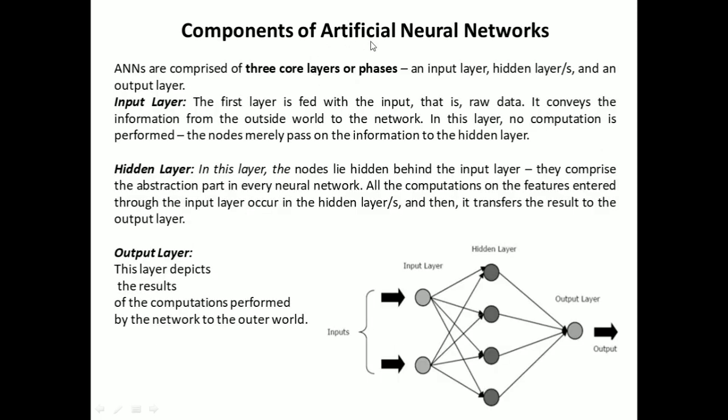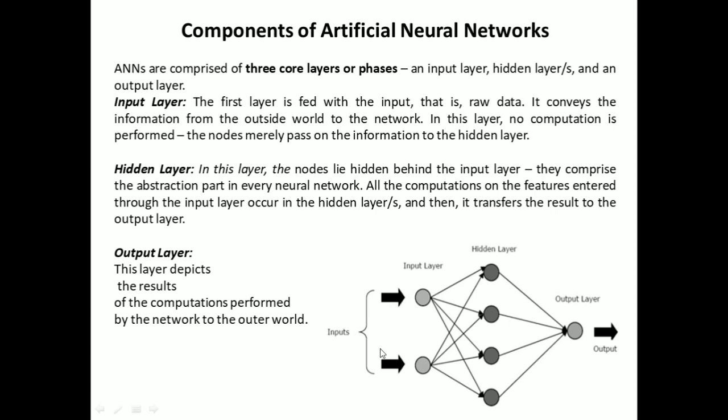Let us see the components of an artificial neural network. Generally, ANNs are comprised of three core layers: the input layer, hidden layer or hidden layers, and an output layer. So we shall see what the input layer is about. This is the first layer, which is fed with the inputs, or raw data.